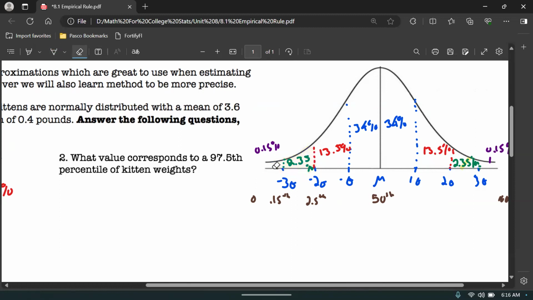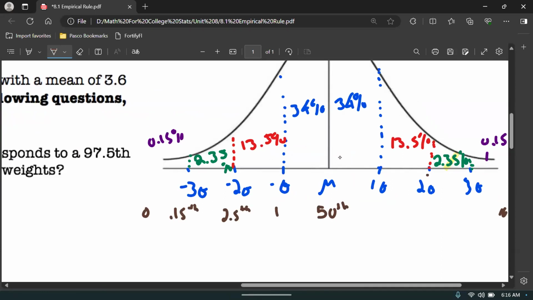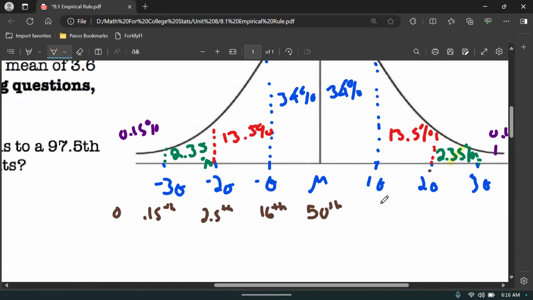There we go. Adding 13.5% now means that the first standard deviation is at the 16th percentile. We add 34 to 16, we get to the 50th percentile. We add 34 to the 50th, here would be the 84th percentile.